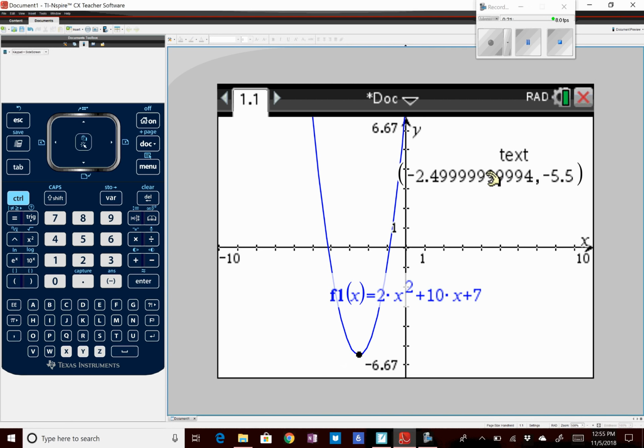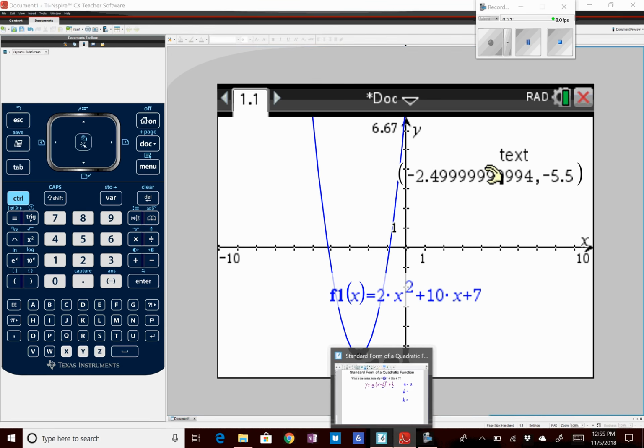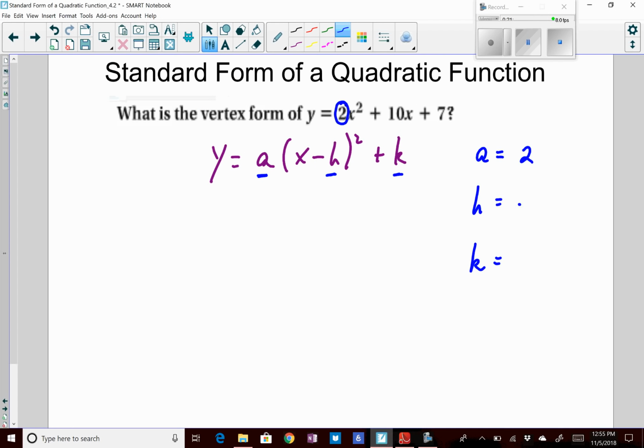Okay, so it's showing that our vertex is at negative 2.5 and negative 5.5. So h is negative 2.5 and k is negative 5.5.